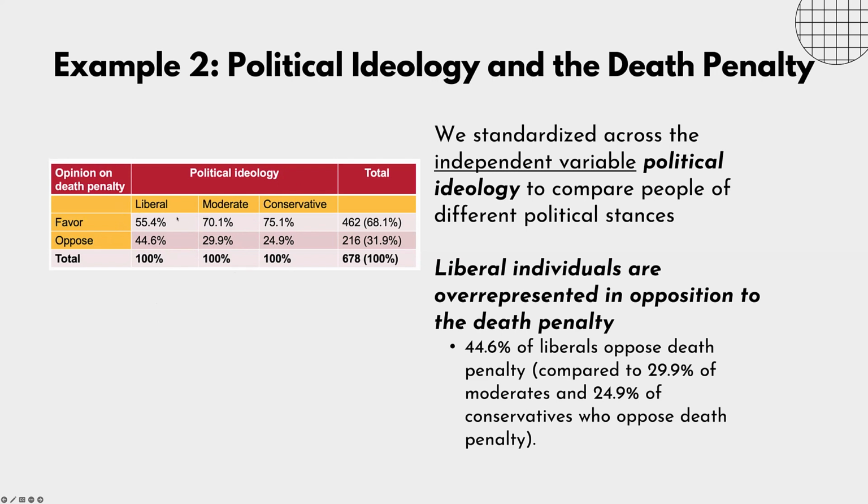So that might seem high, right? We might tend to think that liberals are typically against the death penalty. And here we see that the majority are still for the death penalty.